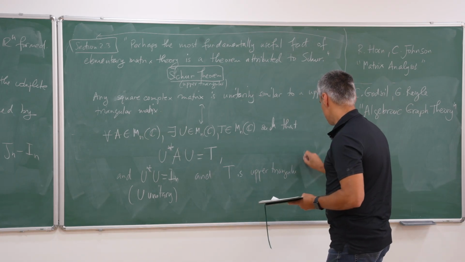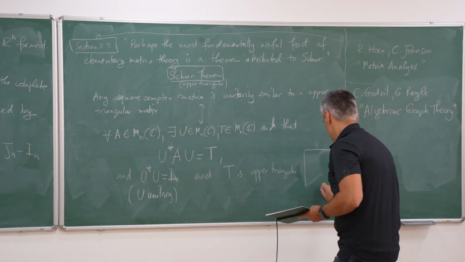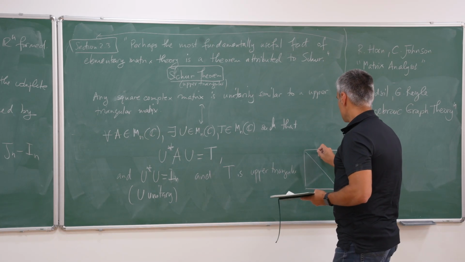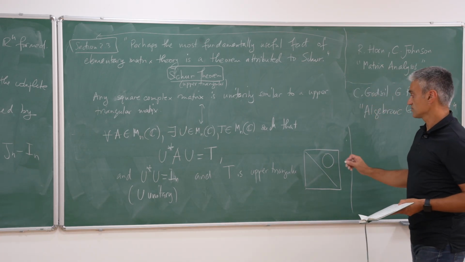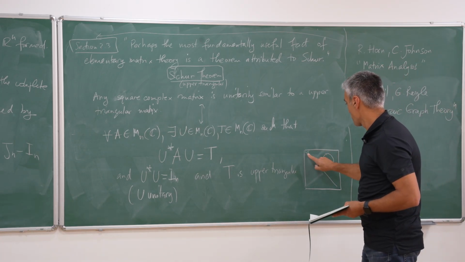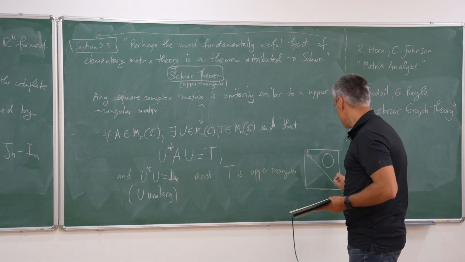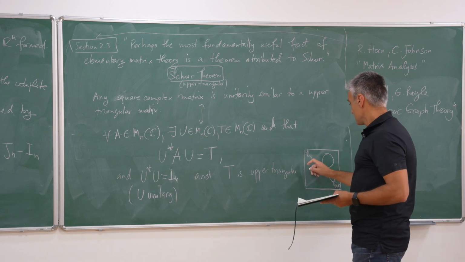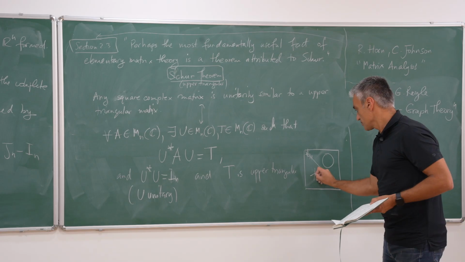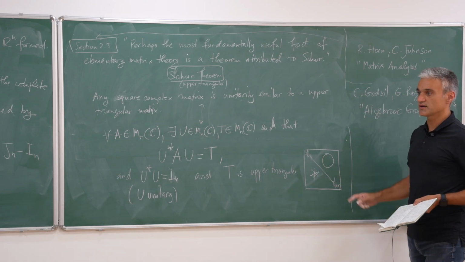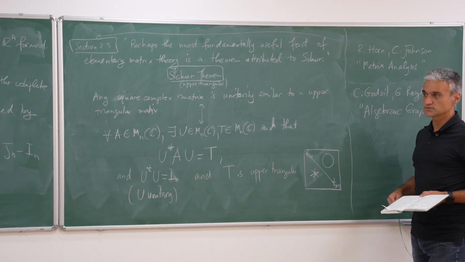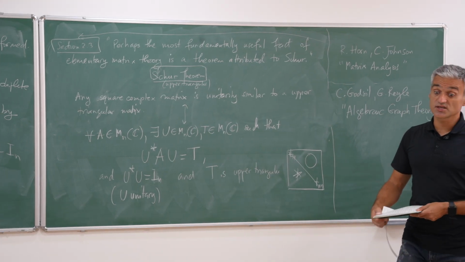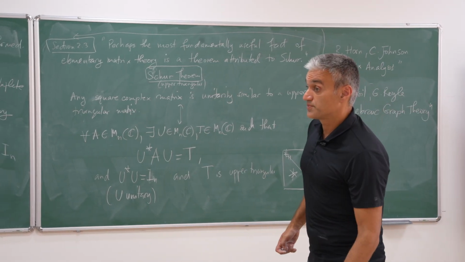So T is square, here you have 0. You can have T11 through Tnn on the diagonal, below them I'll put star, you can have whatever you like, but above the main diagonal you have 0. Okay, so this is general. Yeah, question?